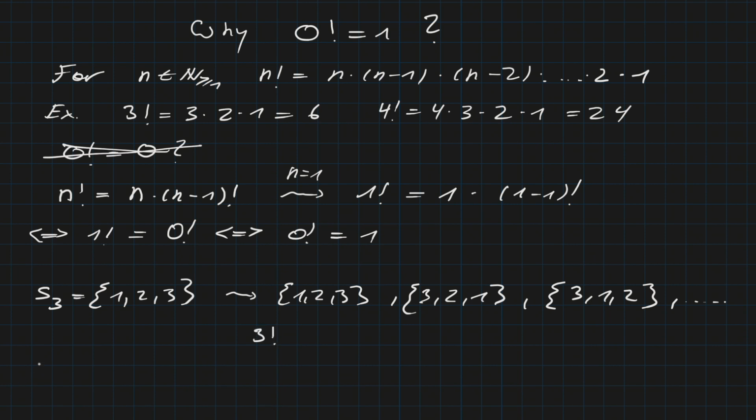And in general, for Sn, where you have the set from 1 to n, one can prove that the number of orderings you have is n factorial. So we have n factorial possibilities for the ordering.